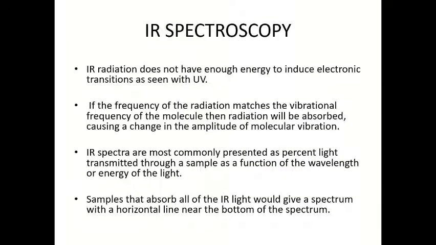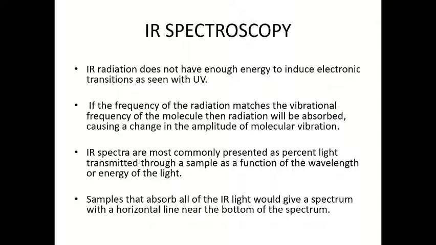Then the IR radiation does not have enough energy to induce electronic transition as we see with the UV, and if the frequency of the radiation matches the vibrational frequency of the molecule, then the radiation will be absorbed, causing a change in the amplitude of the molecular vibration.